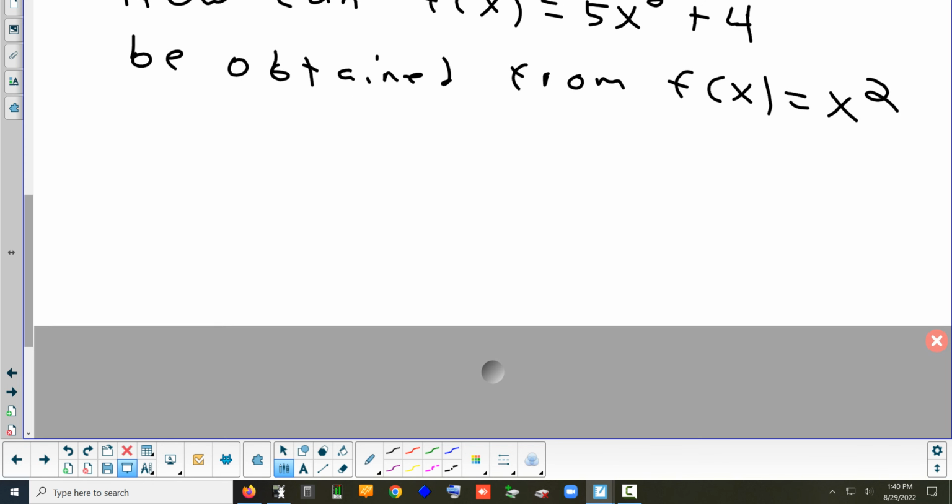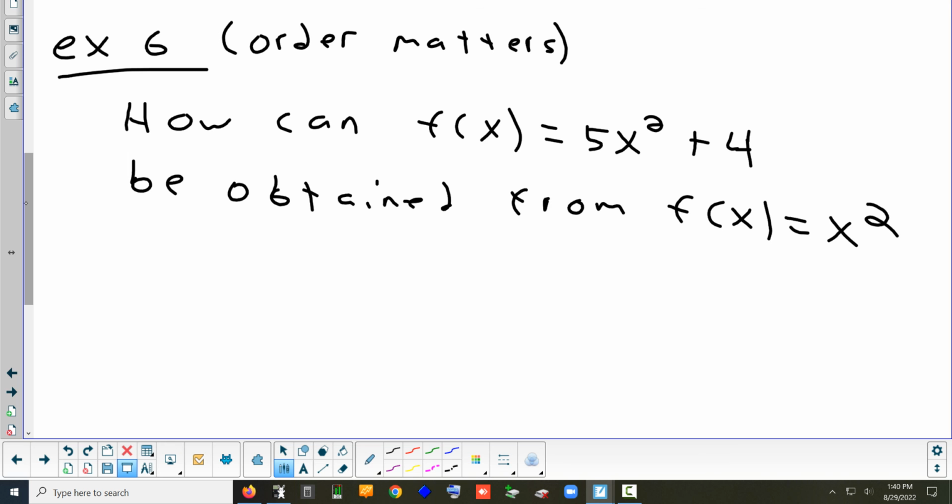Let's try this one. I want to know how I could get 5x squared plus 4 from f of x equals x squared. First of all, how many transformations are there in 5x squared plus 4?